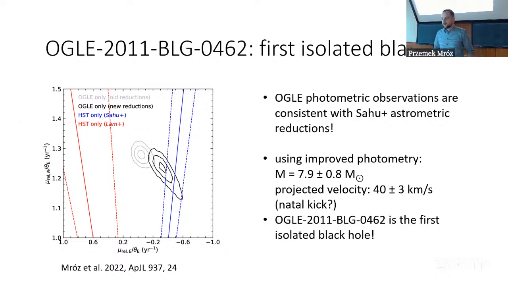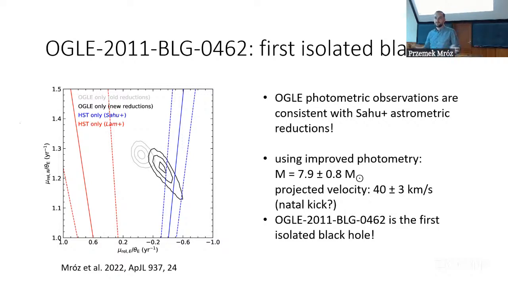What we found is that you can measure the direction of the relative lens-source proper motion from the light curve of the event. So these are our OGLE data, and the direction of the lens-source proper motion measured from the OGLE data. You can repeat the exercise for the HST data, for the Sahu reductions and for the Casey Lam reductions.